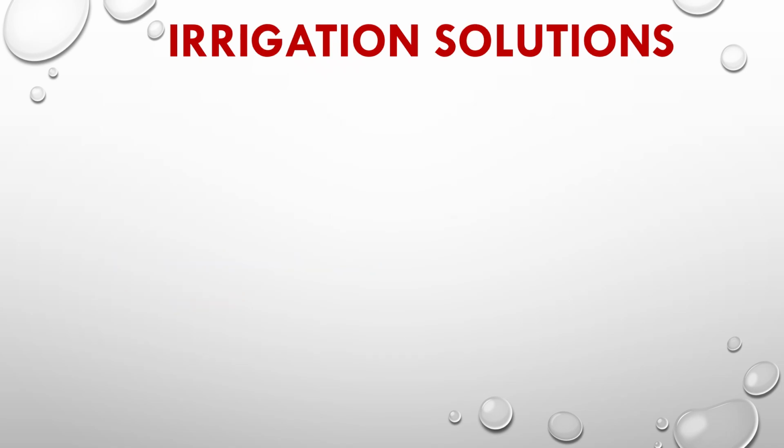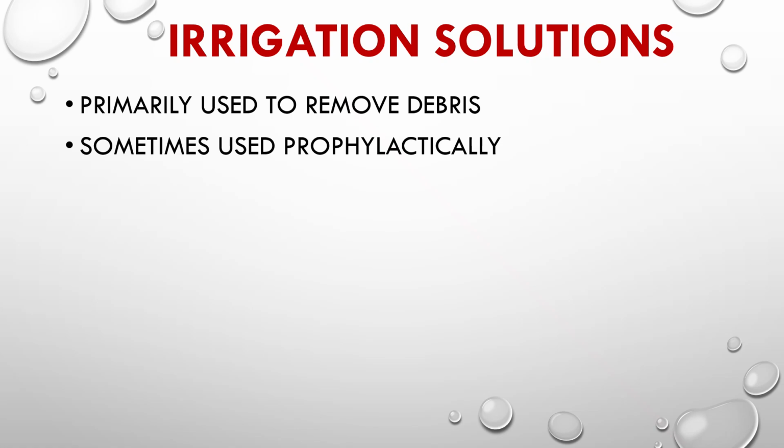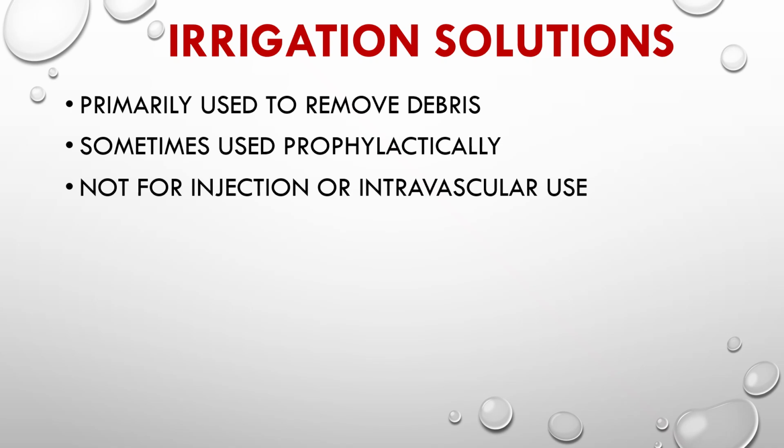Our irrigation solutions, especially during surgery, we need to flush out the area that's been opened up to remove the debris, to get the blood and things like that out of the way so that the surgeon can see. They're primarily used for that debris, but sometimes they can be used prophylactically, so beforehand. They're not for injection or for intravascular use.